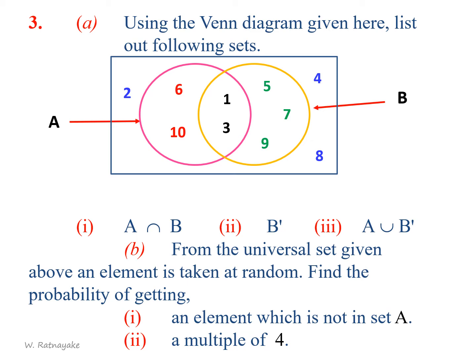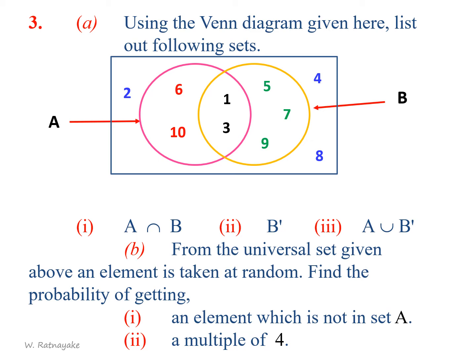Now here the Venn diagram is given. The rectangular closed figure shows the universal set, and two subsets are there, A and B. They are intersected.